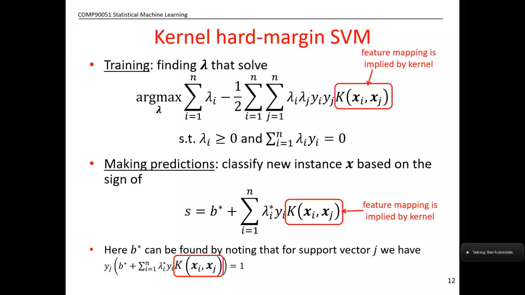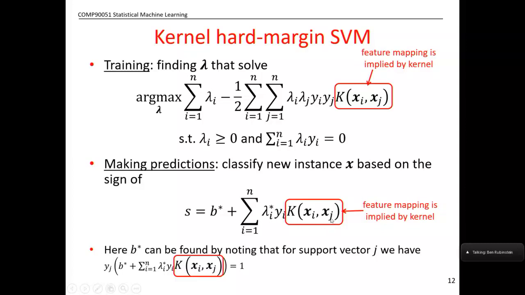Because their lambdas end up being 0, they're not involved in computing W, for example. They don't actually get used in computing predictions. Because if you look at this expression, it doesn't matter what the dot product of a training example is.